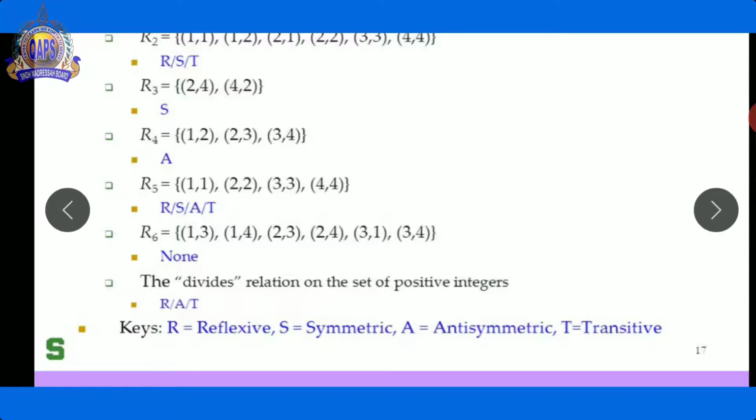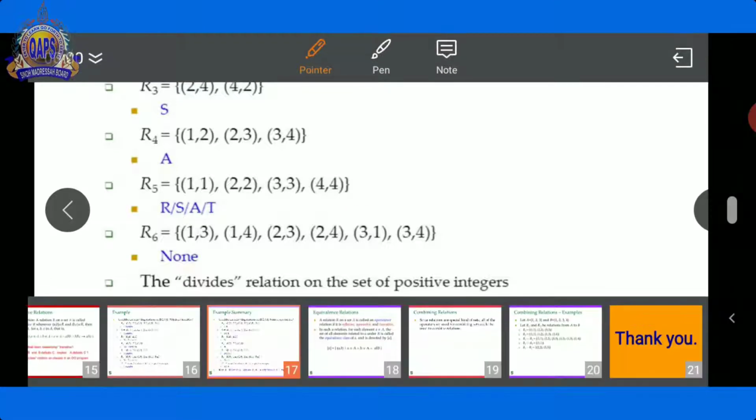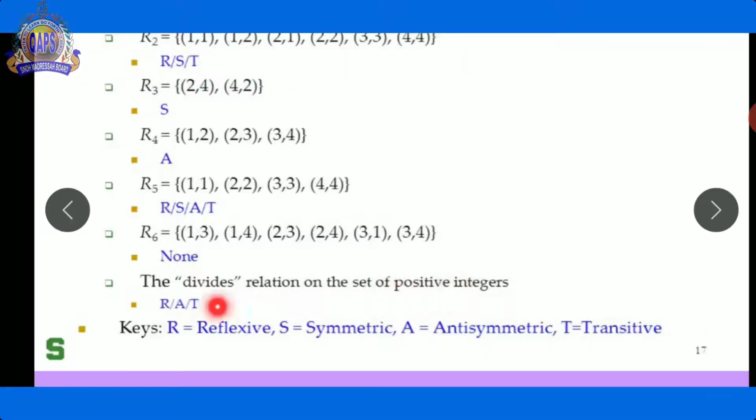There is no ordered pair which contains both elements equal. There is none. So that's why no property can be satisfied. These are relations on the set of positive integers that are either reflexive, antisymmetric or transitive.